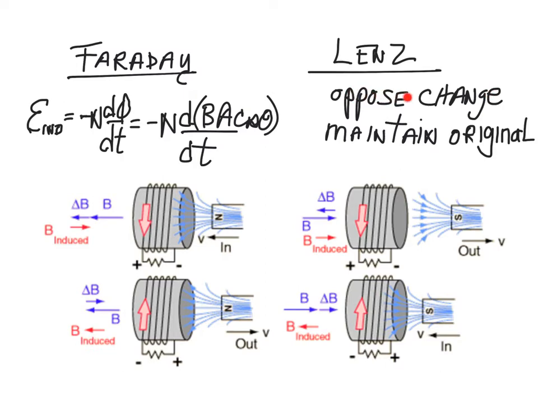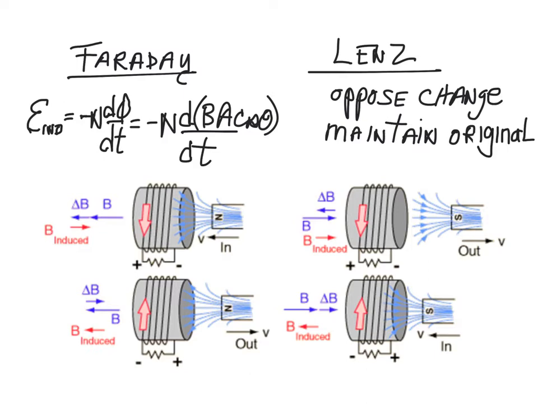So if the flux is increasing, the induced EMF will give rise to a current, which gives rise to a field, which gives rise to a flux that opposes that increase. And if the flux is decreasing, it will oppose the decrease or try to maintain the original. So opposing the change or maintaining the original. That's Lenz's law. And here are 4 situations in which we can apply it.